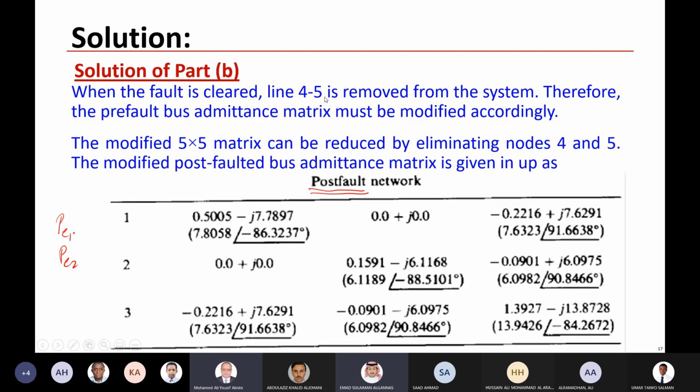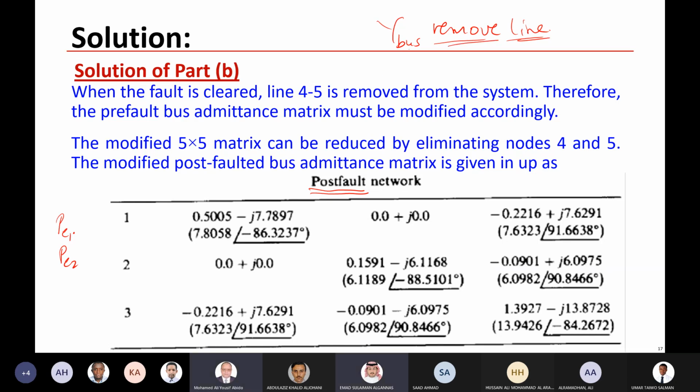So the first step is to modify the Y bus matrix. How to remove the line from the Y bus matrix. Is it clear how to remove the line from the Y bus matrix?